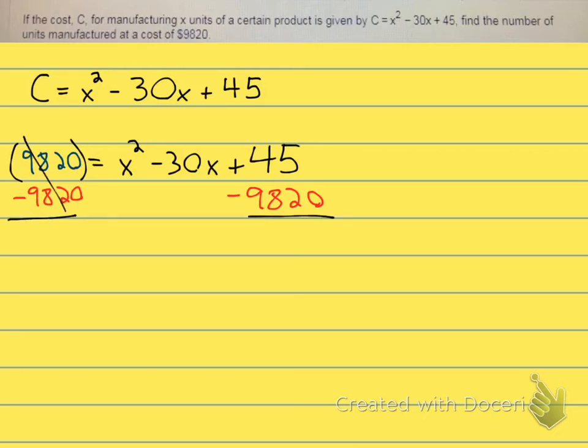So 9,820 minus 9,820 is 0, and that equals x squared minus 30x, plus 45 minus 9,820. Get your calculator out. Negative 9,775.